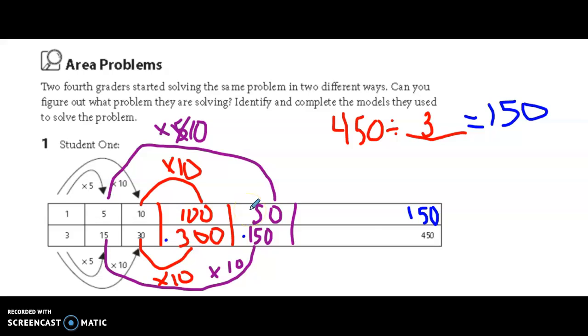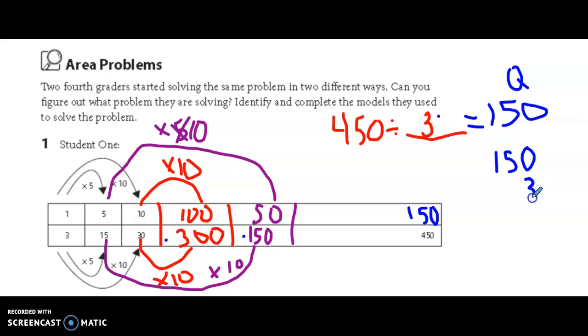If you're still not sure if 450 divided by 3 is 150, well, just like with subtraction, division has a check-your-answer problem too. You take your quotient right here. Your quotient is your answer, 150. And you can multiply it by your divisor. In this case, it's 3, what you're dividing by.